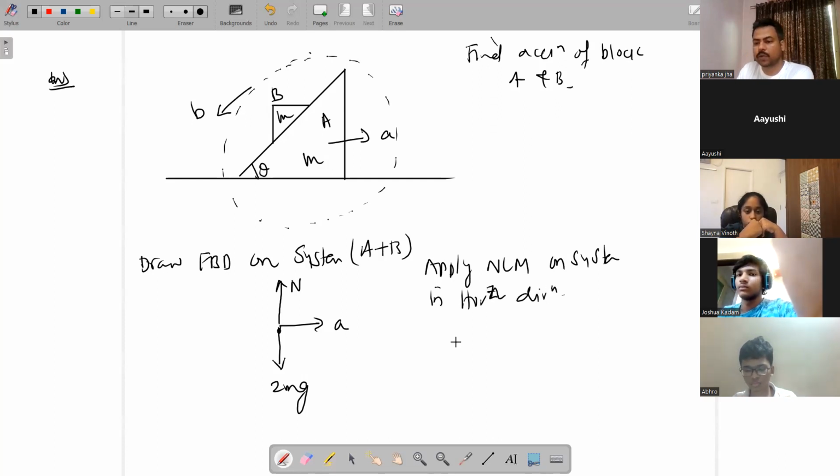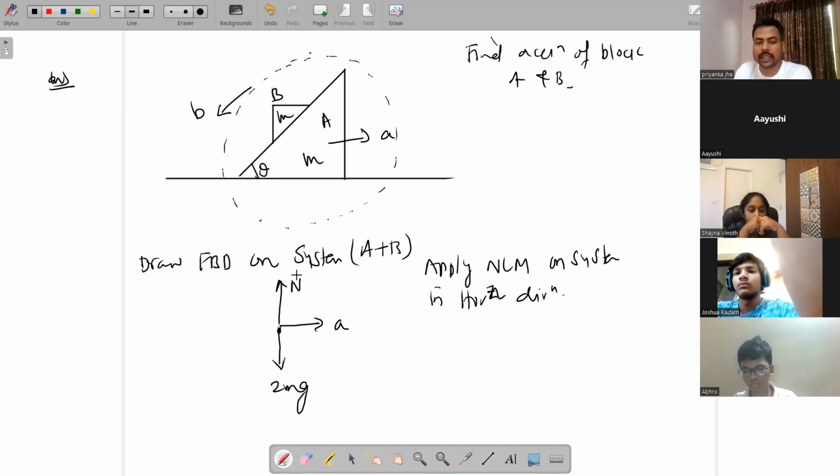Why so? Why don't I want to apply NLM in the vertical direction? Because if I apply it in the vertical direction, this N will come into the picture. So I don't want to do that.